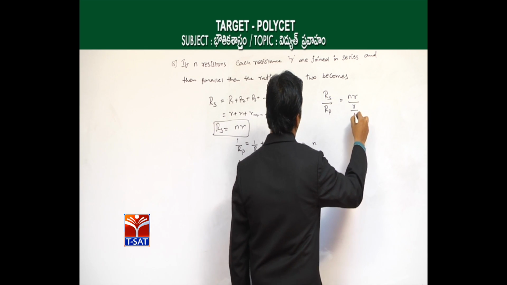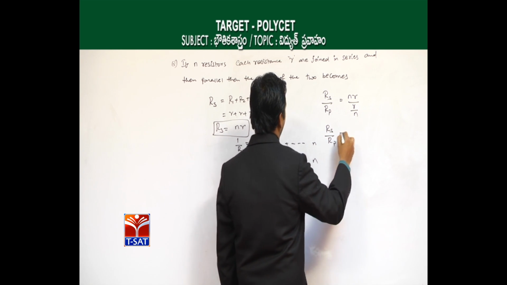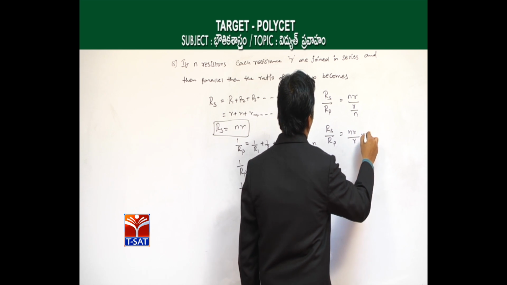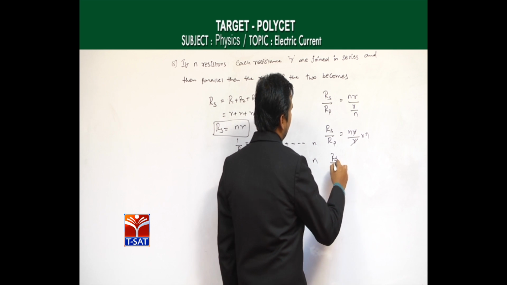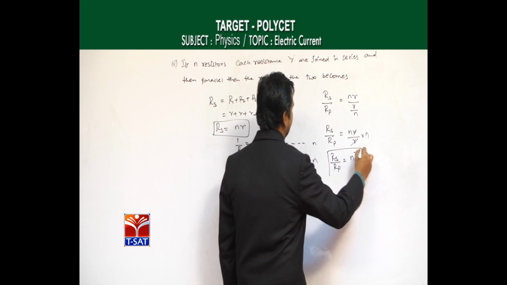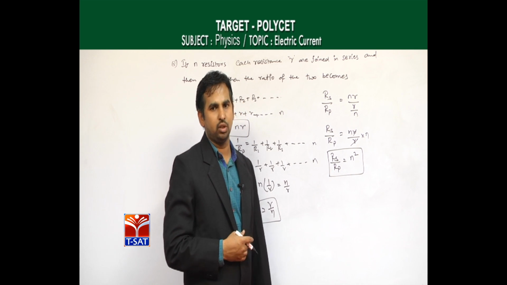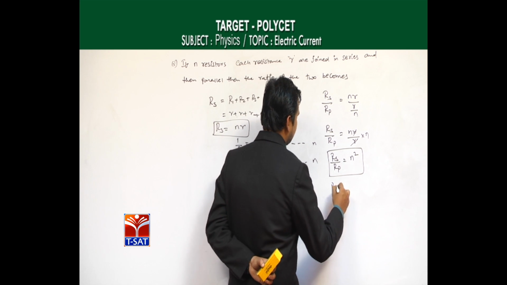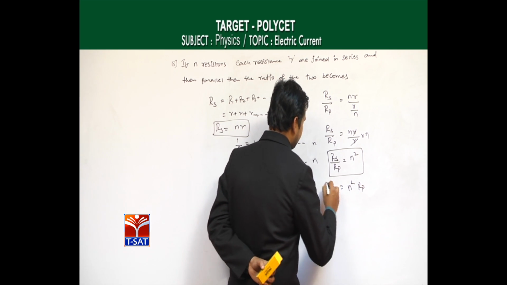So Rs by Rp equals nR divided by R by n, where the n comes to the numerator. The R's get cancelled, and finally Rs by Rp equals n into n, which is n square. So Rs by Rp equals n square, which gives the relation that the series resistance is n square times the parallel resistance.